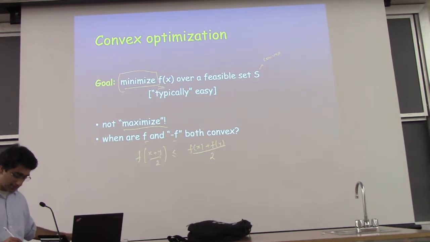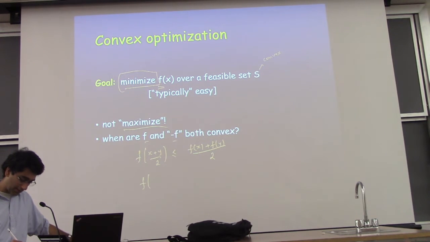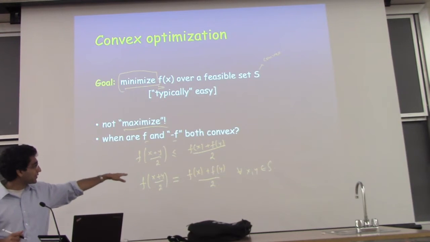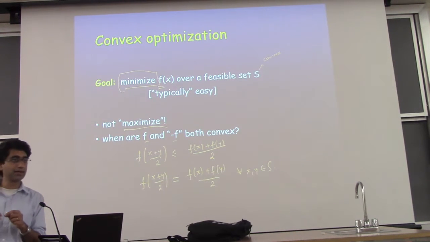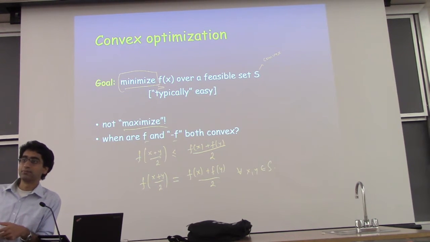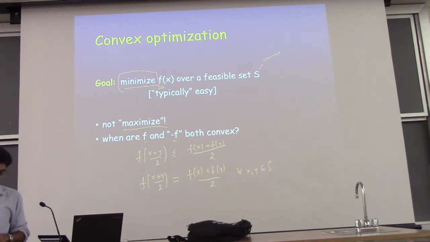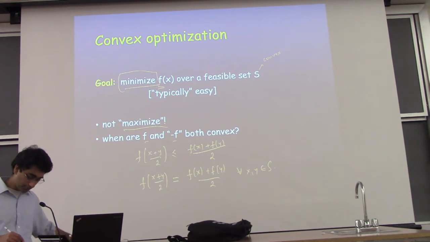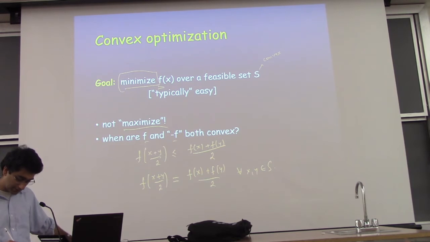And this basically means that f of x plus y by 2 has to be equal to f of x plus f of y by 2. This is for all x, y in the domain. And this can only happen if f is linear, under some minor assumptions like continuity and so on. So this means that f is linear.